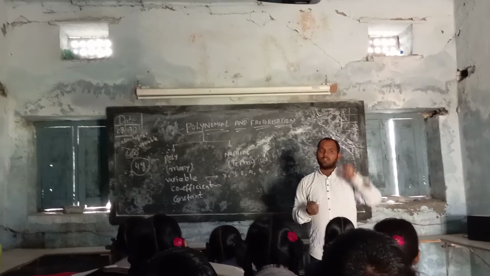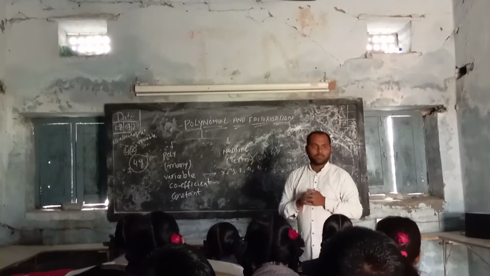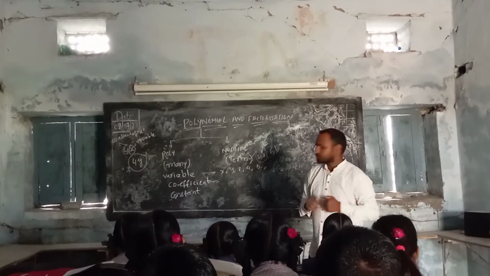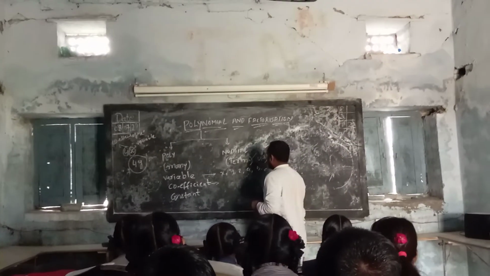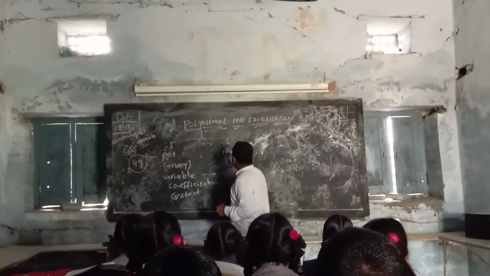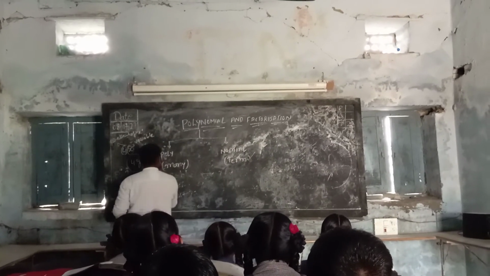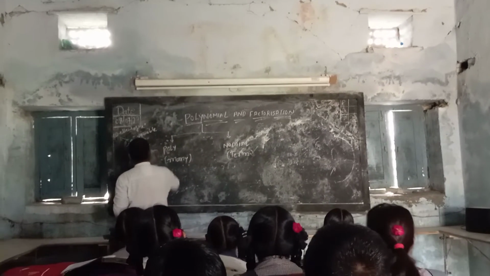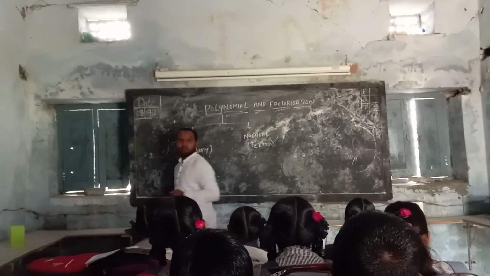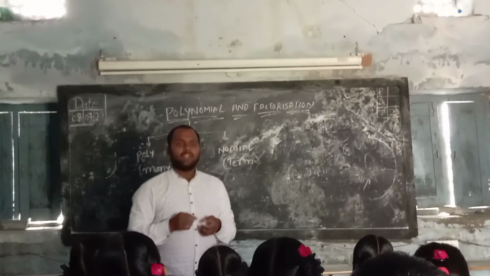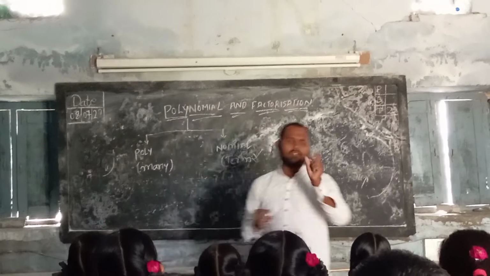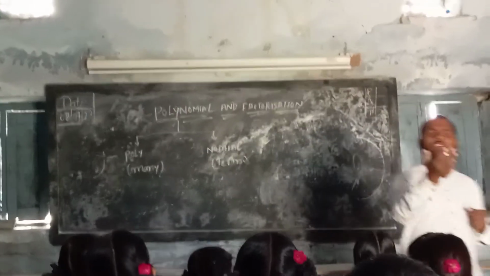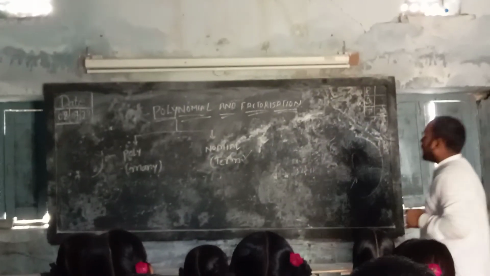Again, terms are divided into different types, which we will see. I hope you have understood what a variable is and what a constant is. A constant is nothing but a number: 6, 7, 8 like that. Any number is said to be a constant, or a constant term.